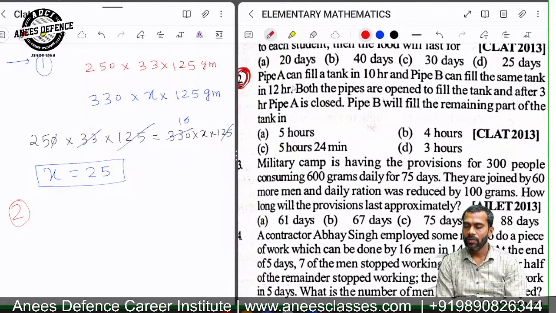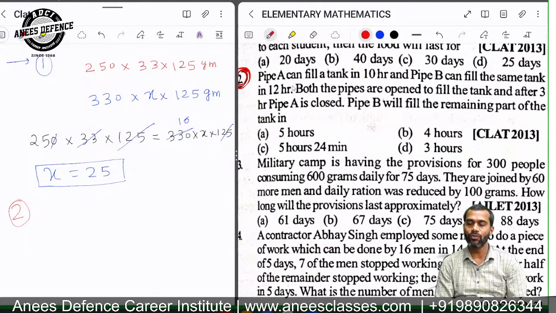So that 125 will be the same, and the number of students were increased by 80, so it becomes 330, and we have assumed that the food will last for x days. So in the second case, the total amount of meal or food would be 330 into x into 125. So answer would be 25. So D is the right answer.